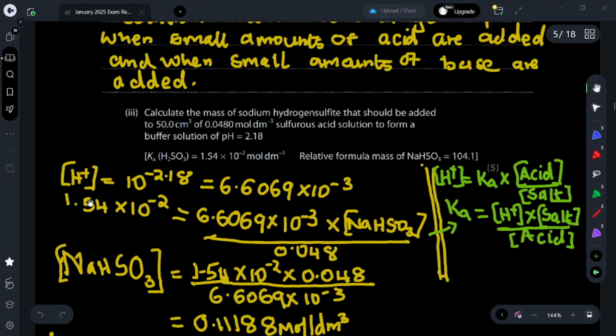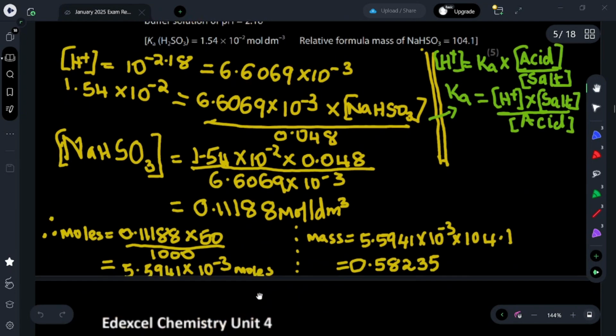Since we have Ka as 1.54 × 10⁻² equals 6.6069 × 10⁻³ times the concentration of our salt, sodium hydrogen sulfate, divided by the concentration of the acid that was given to us, 0.048. We can make the concentration of the salt the subject of the formula.